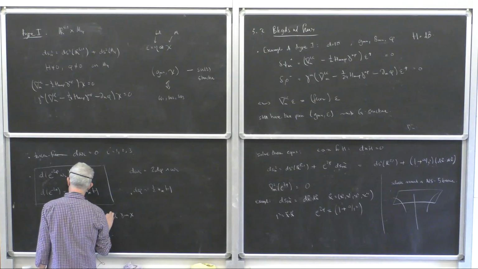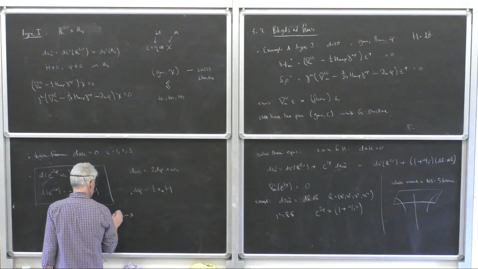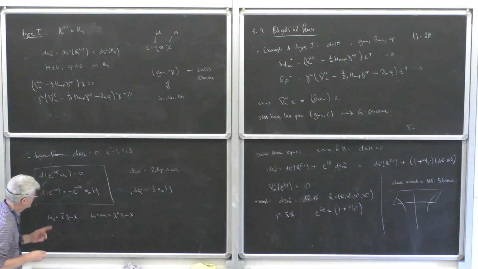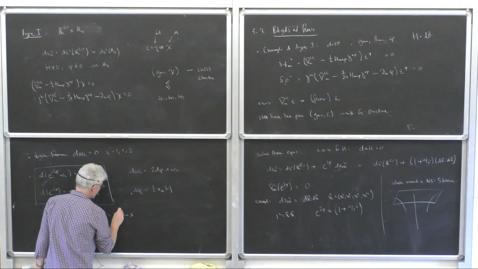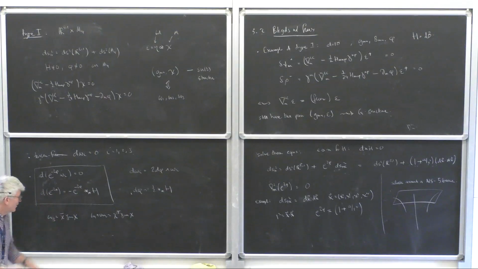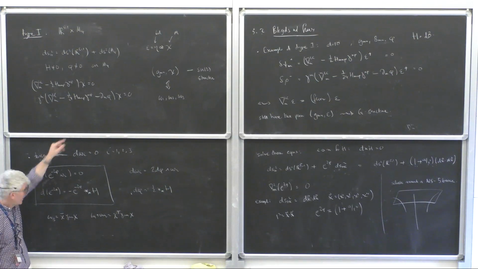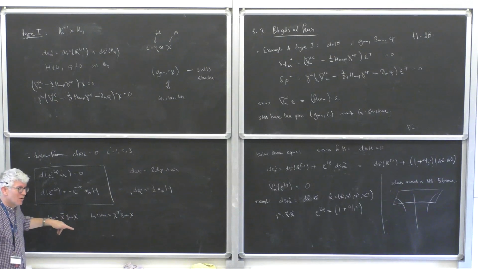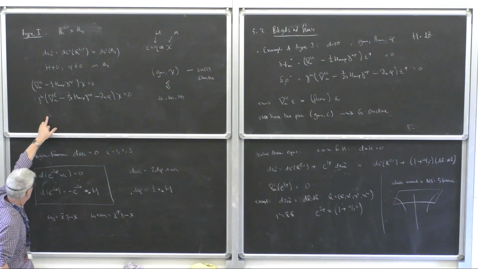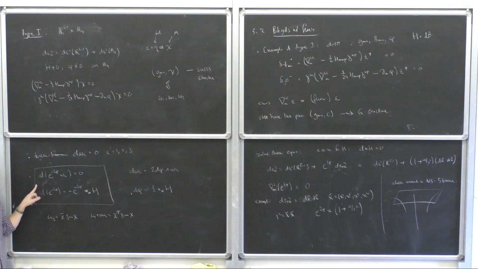But I can build these things out of the chi's, and I know what equations the chi's satisfy. So from the equations for the chi's, I can derive these equations.